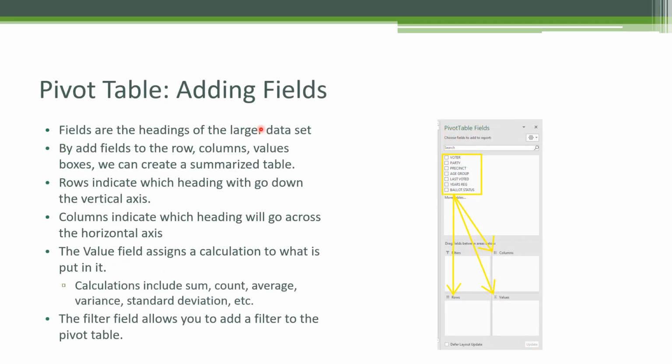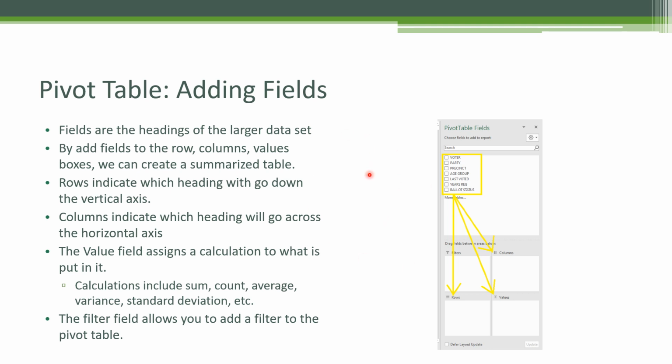Now you'll see on the right, it'll show this table, and here it'll show you all the headings that were within that data set before. By adding these fields down in these quadrants down here, you'll be able to create pivot tables. The rows section will indicate the headings that will be going down the vertical axis, and the columns will show the headings that'll go across the horizontal axis, while the value field will show which calculations will be shown within the data table.